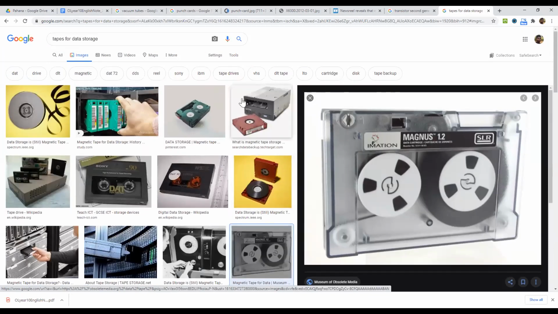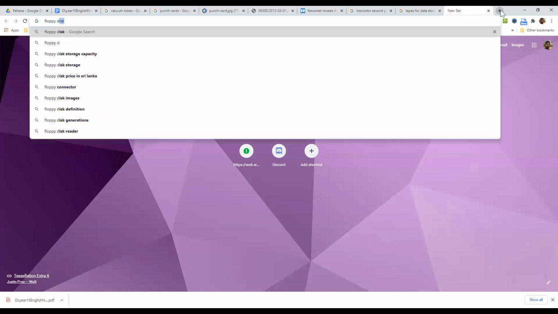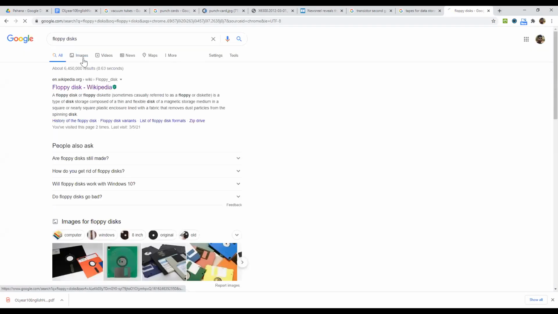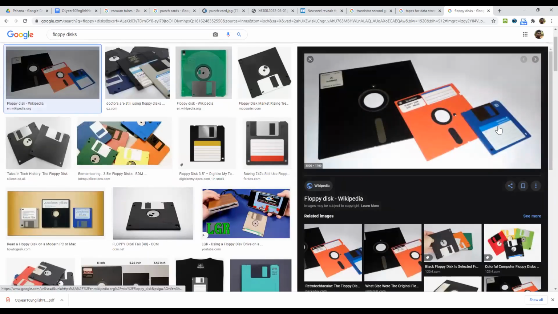And then floppy disks. We had floppy disks, something similar to this one. The storage sizes were very, very small. For example, this is the latest floppy disk, 3.5 inch floppy disk, and what you can store here is about 1 megabyte.